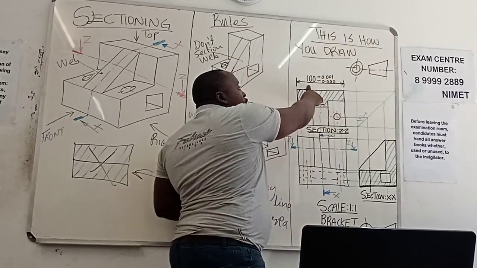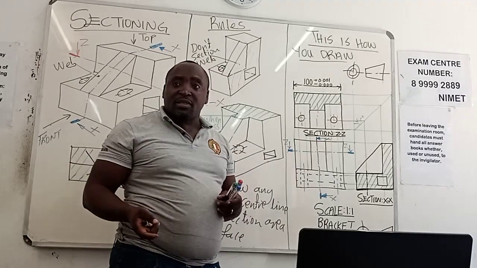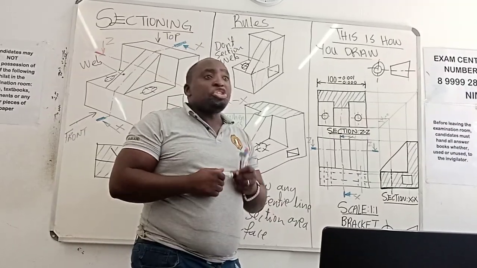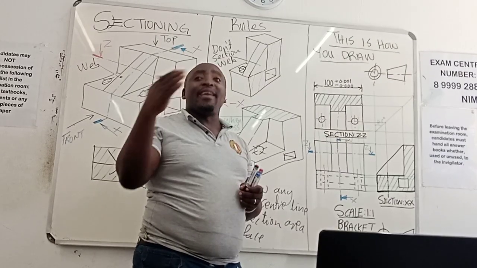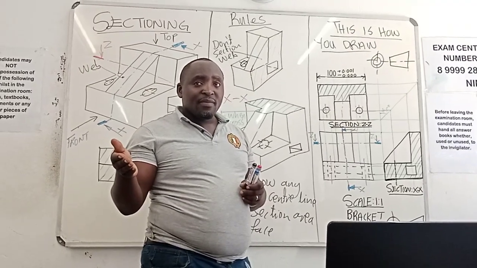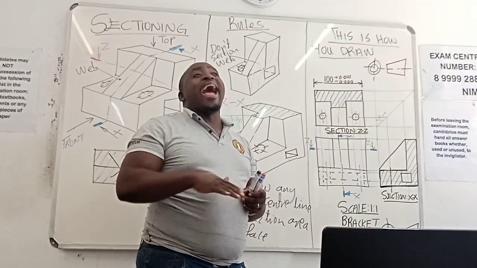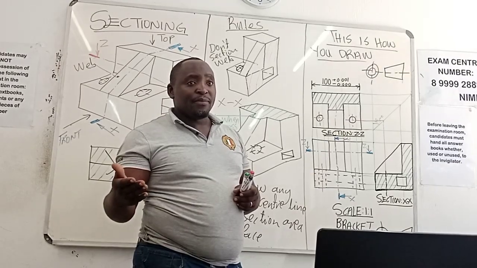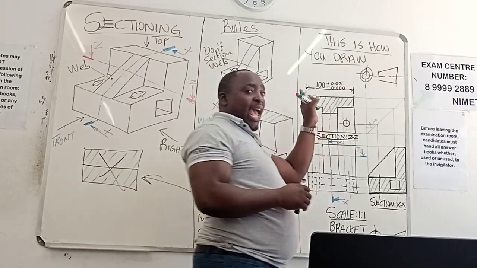So you need to show the dimension with its boundary limits, the lowest and the highest. You show the lower deviation and the upper deviation. That is the other part.